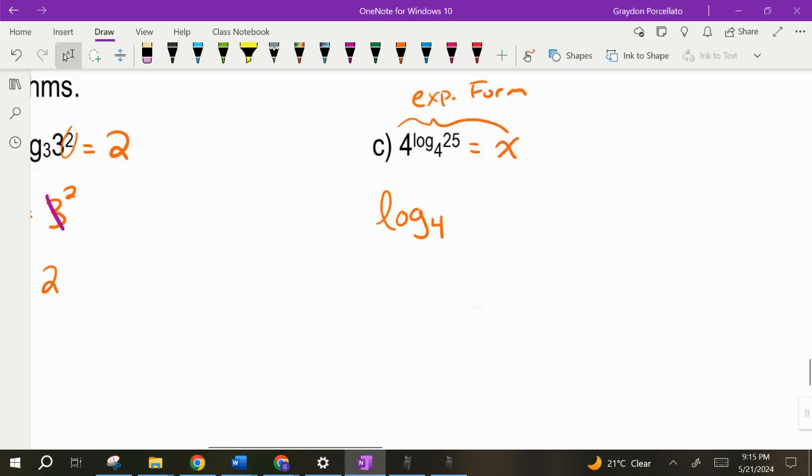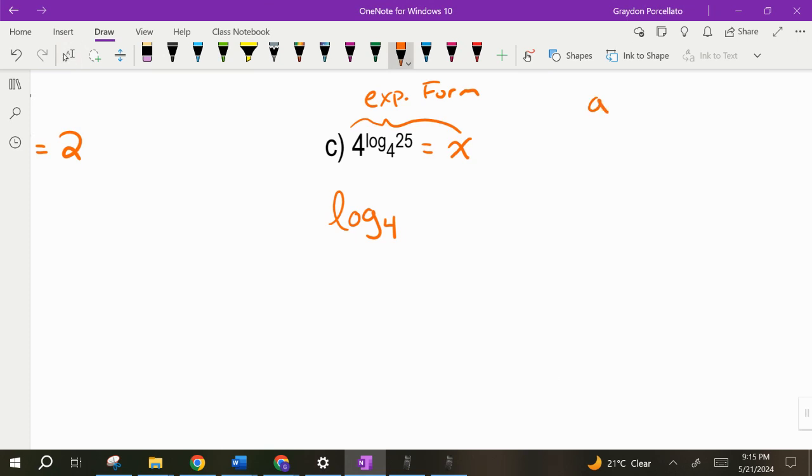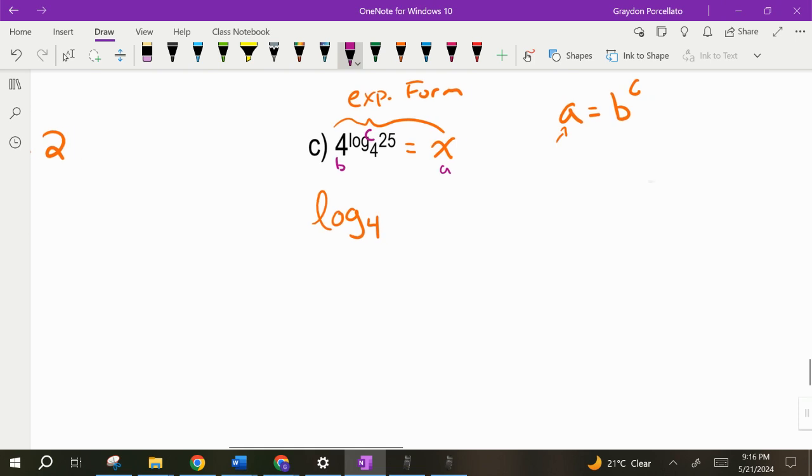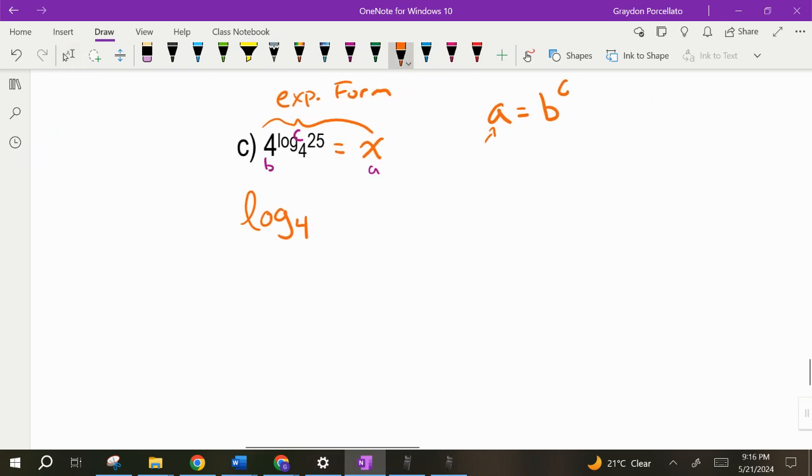Remember that's like this: A equals B to the power of C. Our A in this case is the X, our B is our 4, and our C is this top piece here. And how do I change that? Well, that changes to the log base B of A equals C.